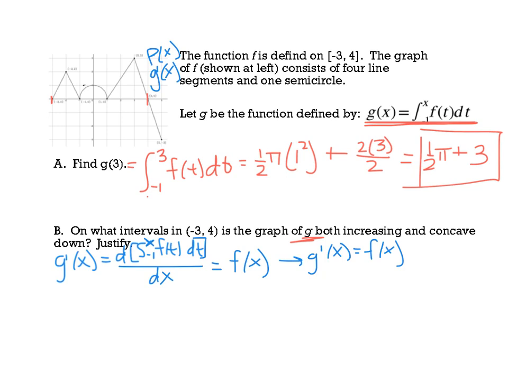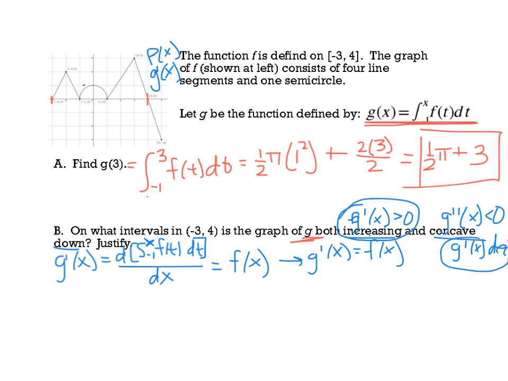So what we know about increasing and concave down: if a function is increasing, that's where your first derivative is positive. And concave down is where your second derivative is negative, or where your first derivative is decreasing. So we're looking where our g prime of x, or our graph, is positive and decreasing.